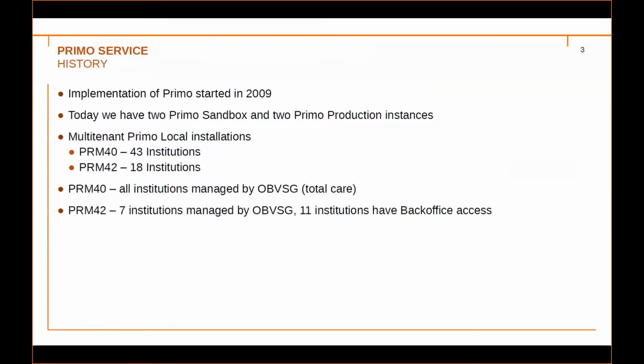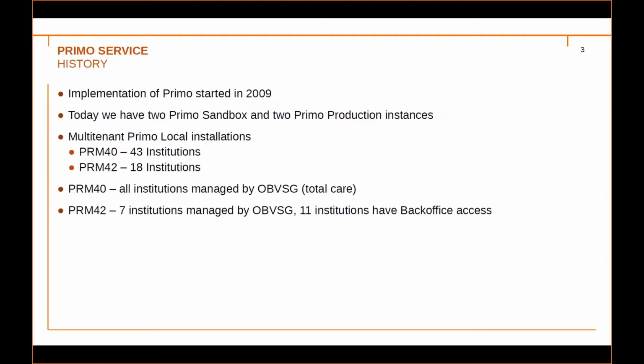Today we have two large Primo local installations. This is also very specific, I would say, because most of you are on Primo VE and Alma. But we still have Primo local installations, and we are managing these installations by ourselves. So we have one instance which has 43 institutions and views, and another instance which has 18 institutions.